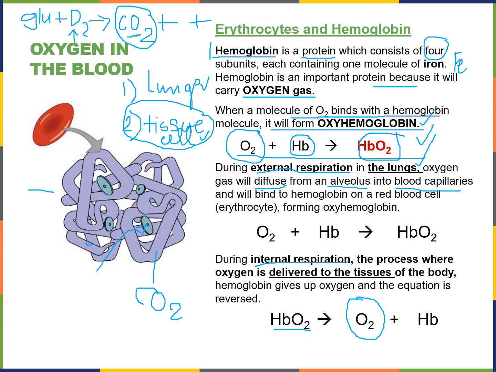So carbon monoxide competes with oxygen for binding if it's present in the atmosphere, and this is why carbon monoxide actually can kill us. Because once it binds, it holds on really, really strong. It doesn't let go. And so if cells are starved for oxygen, well, they can't function.